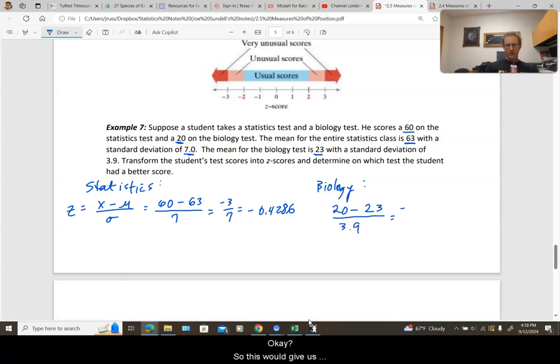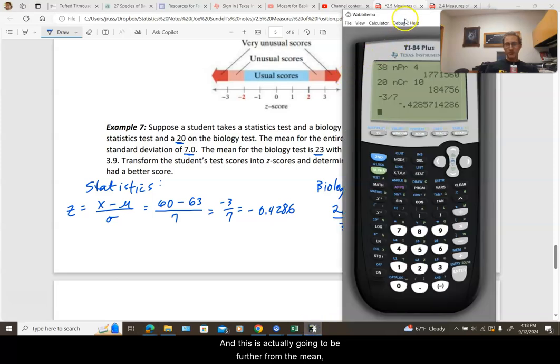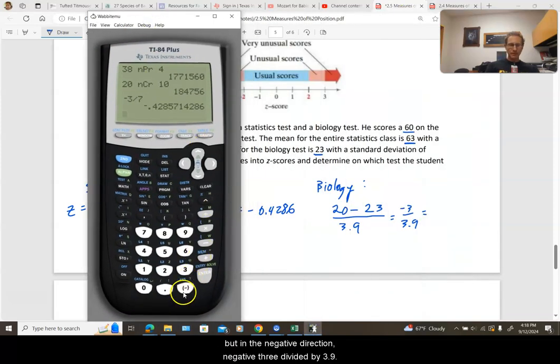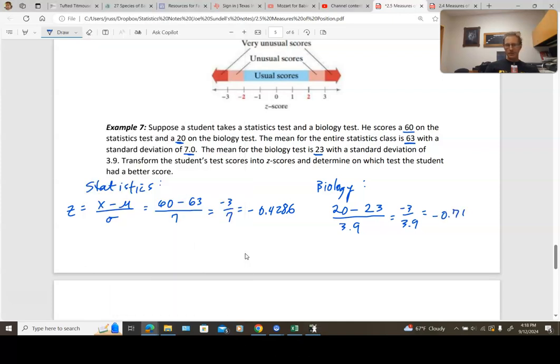So this would give us negative 3 over 3.9, and this is actually going to be further from the mean, but in the negative direction. Negative 3 divided by 3.9. If I carry this out to 4 decimal places, it'll be negative 0.7692. Okay, so we can compare these now.